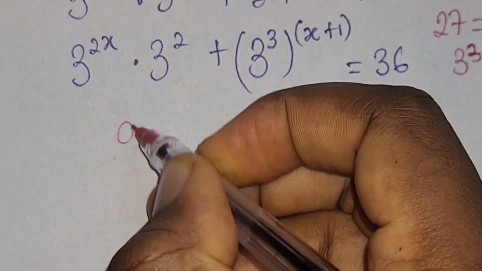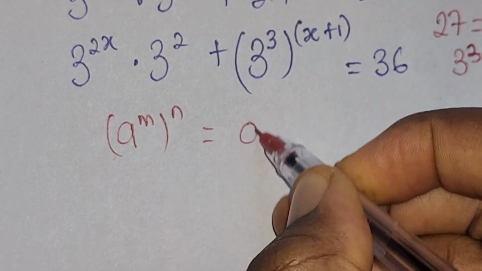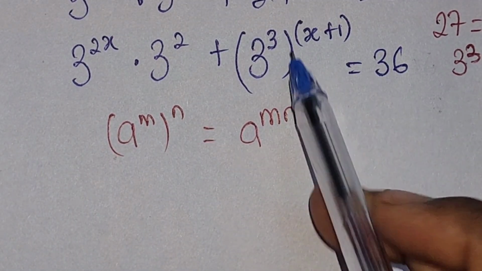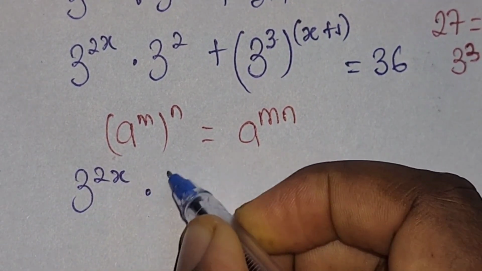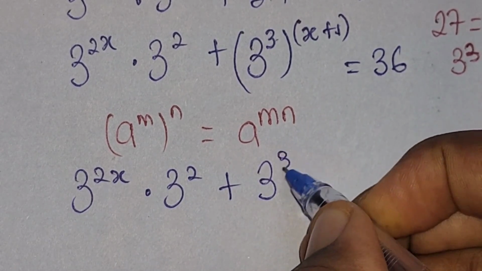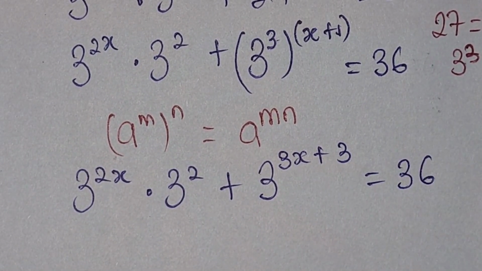When we have a to the power of m further raised to the power of n, this is equal to a to the power of m times n. So we'll be multiplying these powers to have 3 to the power of 2x times 3 to the power of 2 plus 3 to the power of 3x plus 3, and this is equal to 36.